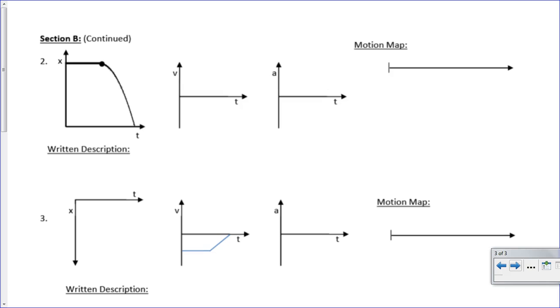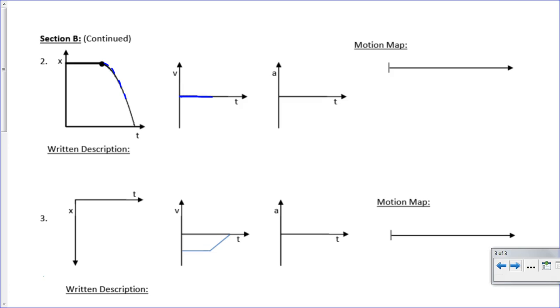For this next one, again, we're given a position versus time graph. So if we're given the position versus time graph, we look at the slope to get the velocity versus time graph. It's horizontal there at the beginning of the position versus time graph. That means it has a slope of 0, which means our velocity is 0 for the first part. Then what happens is the velocity starts getting negative, and it gets increasingly more and more negative.